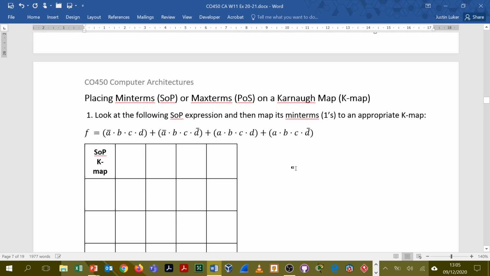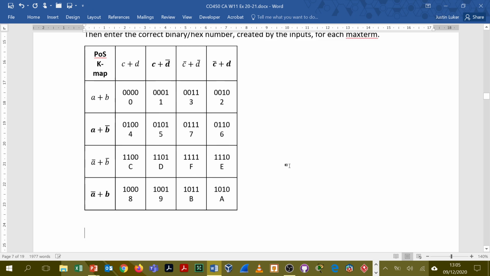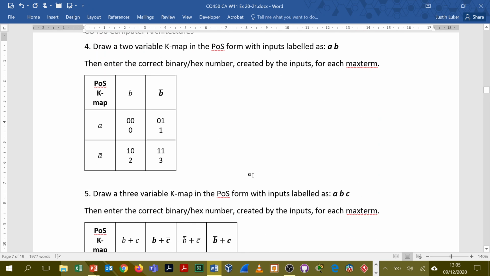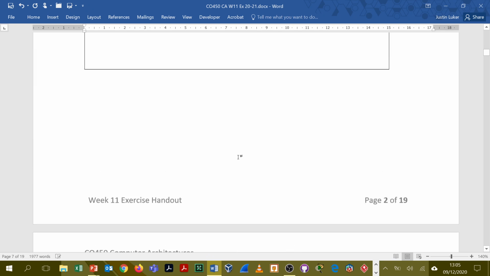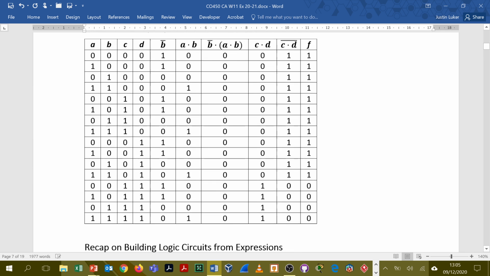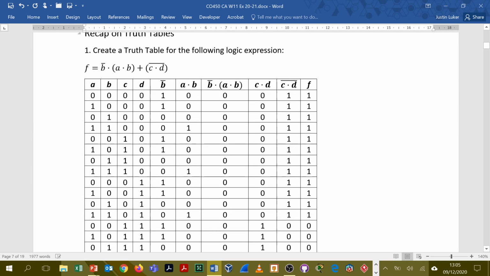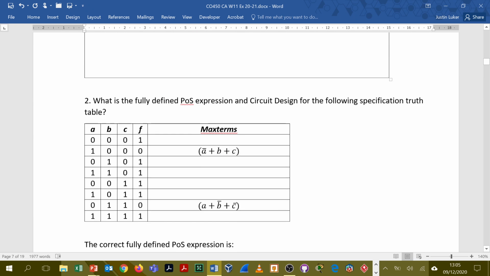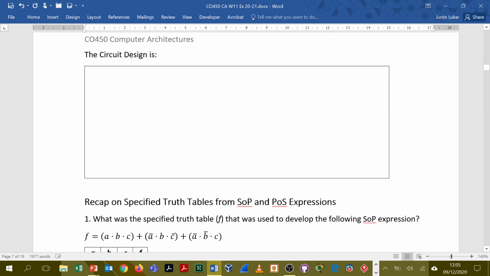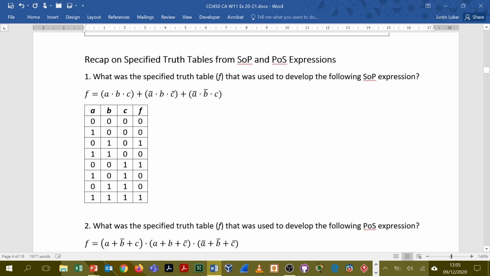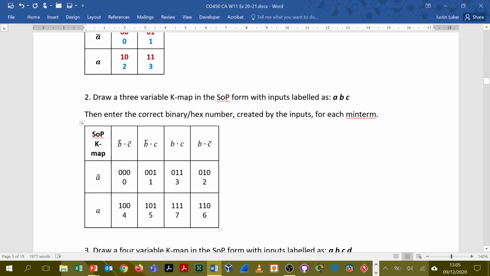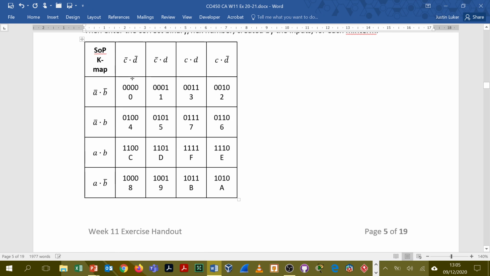To save a little bit of time, because I've just been practicing it above, I'm going to copy it out from above just to stop it being long-winded. You should write them out the same. So let me just find the Karnaugh map that we just did. Here we go, there's the SOP Karnaugh map that I previously did.